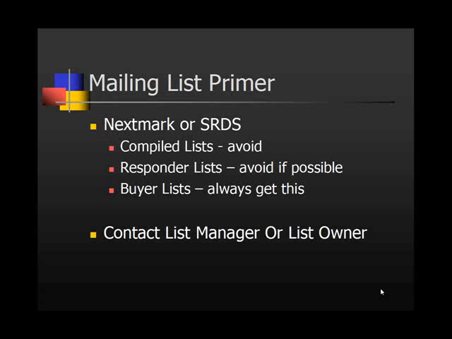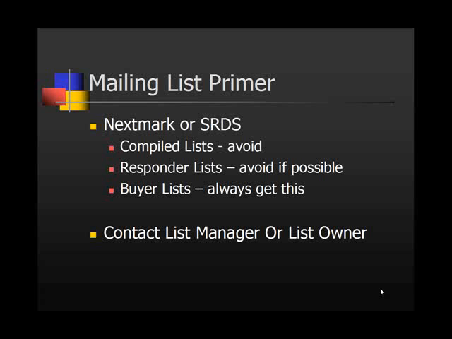It's definitely better than a compiled list, and if you have no other list to go with in your market, definitely go with the responder list. At least you can know that these people will opt in to a free offer, but there's very little data to tell you whether these people will actually buy something or not.